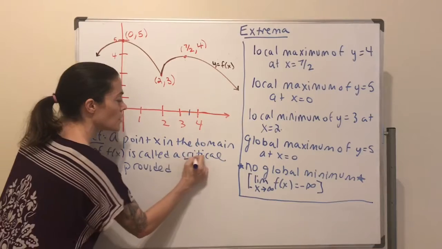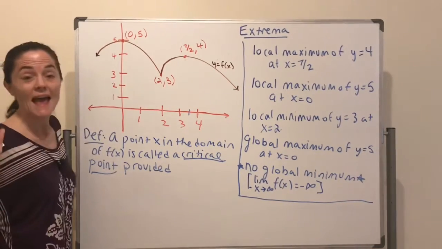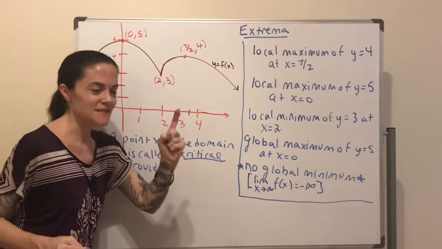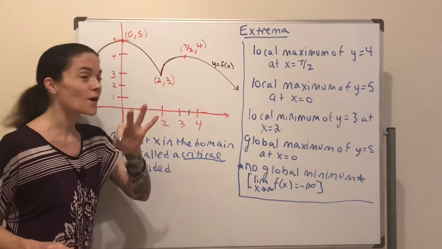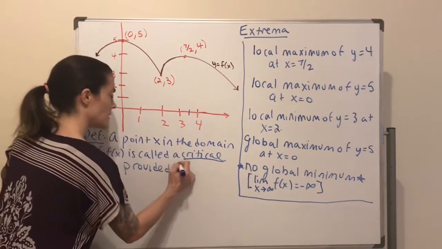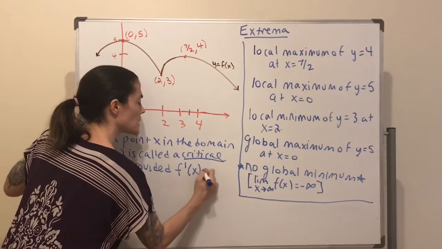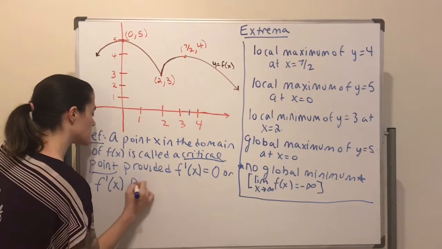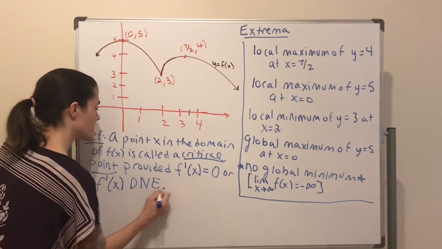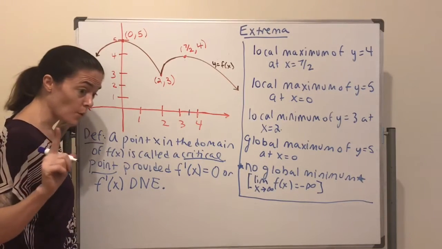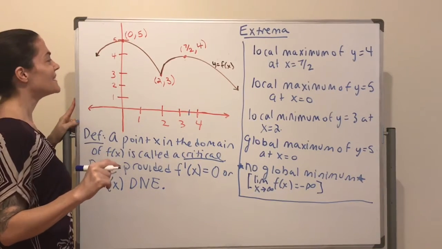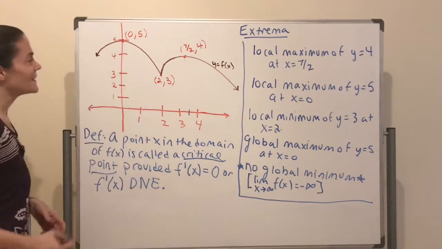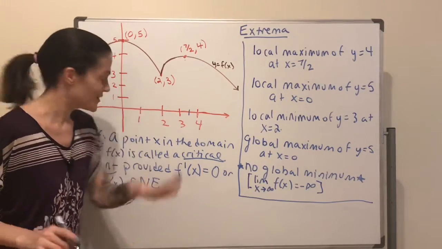So I am defining critical point, and an x value is a critical point provided either the derivative is 0 at x or the derivative is undefined. So either f prime of x equals 0 or f prime of x does not exist. Okay, this is a critical point. Well, let's think about this right now. In this picture, I have 3 critical points.